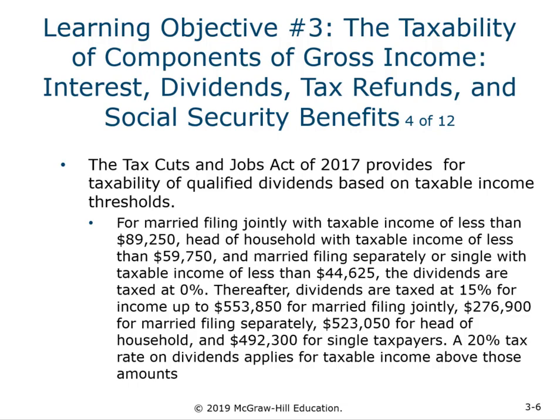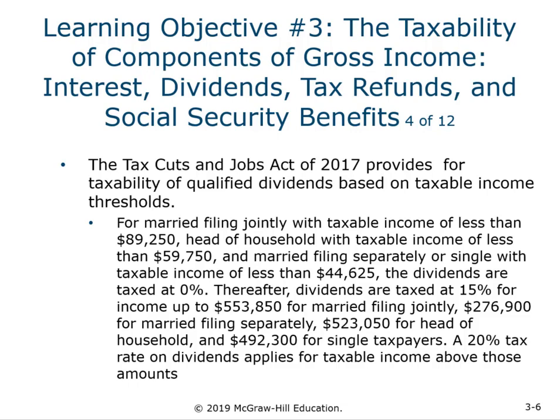You'll remember in Chapter 1, we went over the tax brackets, the tax rate schedule, how to calculate the tax based on income and so forth. Very simple tax brackets. If your income is less than $89,250, married filing jointly, head of household 59, separately and single 44, your dividends are taxed at 0%.